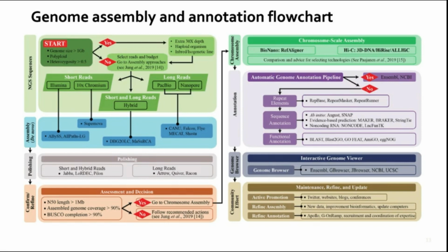So assessment is based on your N50 value and also the genome coverage. Genome coverage basically tells how many genes are identified on that particular entire chromosome, or the draft level assembly, or your chromosomal level assembly.